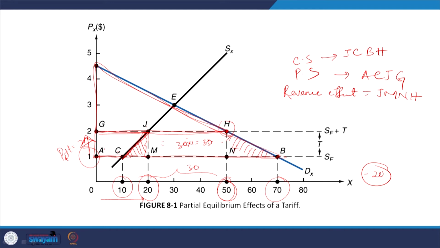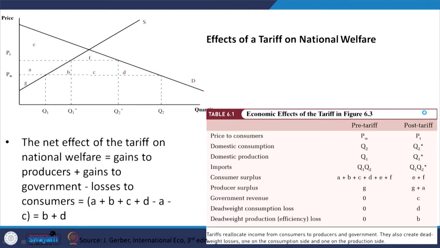Now, what is more important in the discussion for us is to identify the redistribution of income, as well as to talk about the net losses to the society as explained by deadweight loss. So, the JCM minus H and B is called deadweight loss, DW, the deadweight loss to the society as far as efficiency measures are concerned.